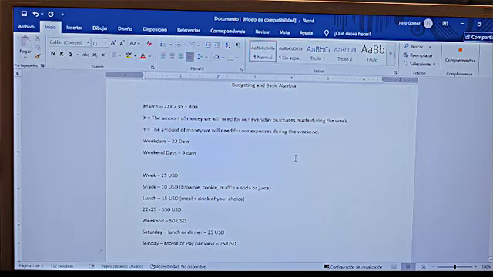For our weekend, that's going to be 9 times 25, and that's going to be a total of $225. So the initial value we thought was going to be enough for March is actually not so. Let's cross this out and set that up as $550 plus $225, which in total is $775.